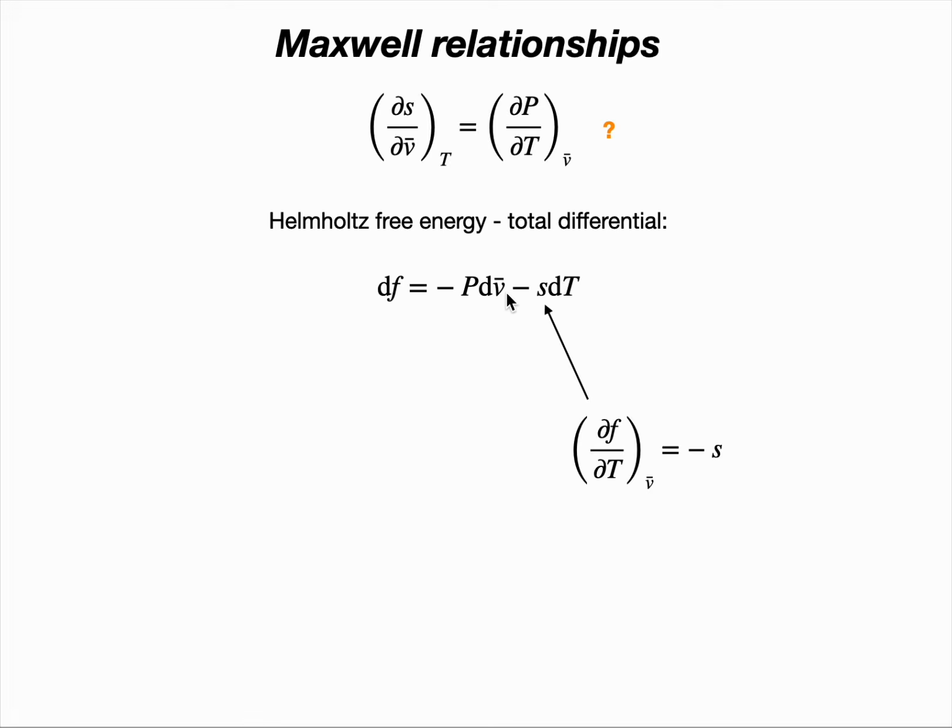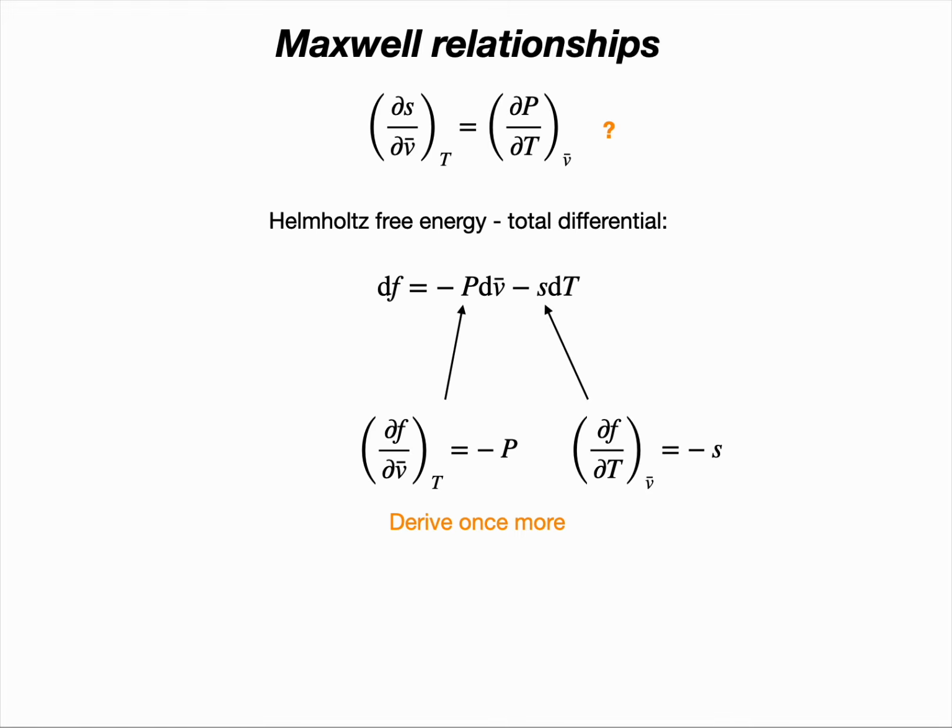So S is in fact minus dF/dT at constant volume. It's a slope in a way. You need to be able to identify this from the definition of a total differential.